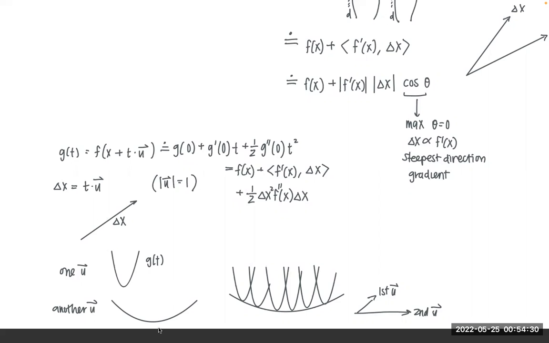And why is that? Actually, I can give you an example. For example, this is like a valley. So this is the direction, the flat direction, like this direction. And this direction is a more curved direction. So this is like a valley, right? This is the bottom of the valley. And this direction is the first u.